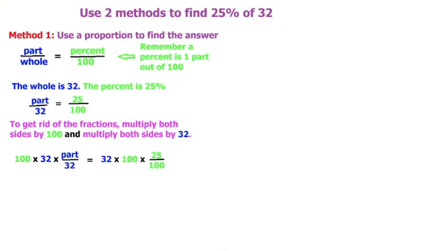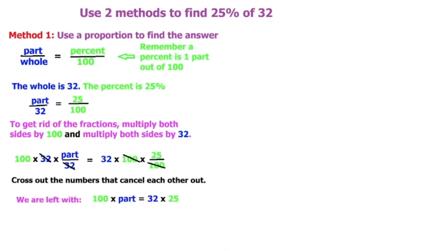So the reason I put the 100 here and the 32 here is because it's easier to see that you could cross them out, okay? They cancel each other out. So then you can rewrite this now with what you have left. We are left with 100 times part equals 32 times 25. That's what we have left.